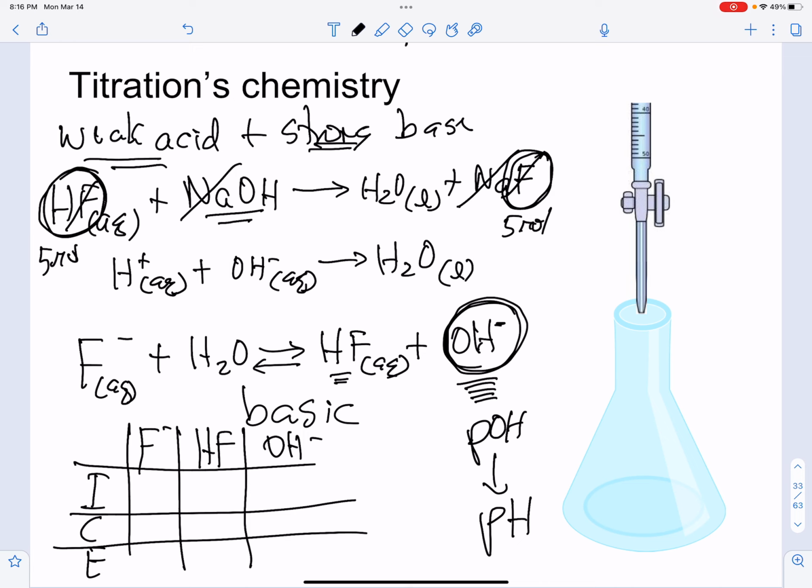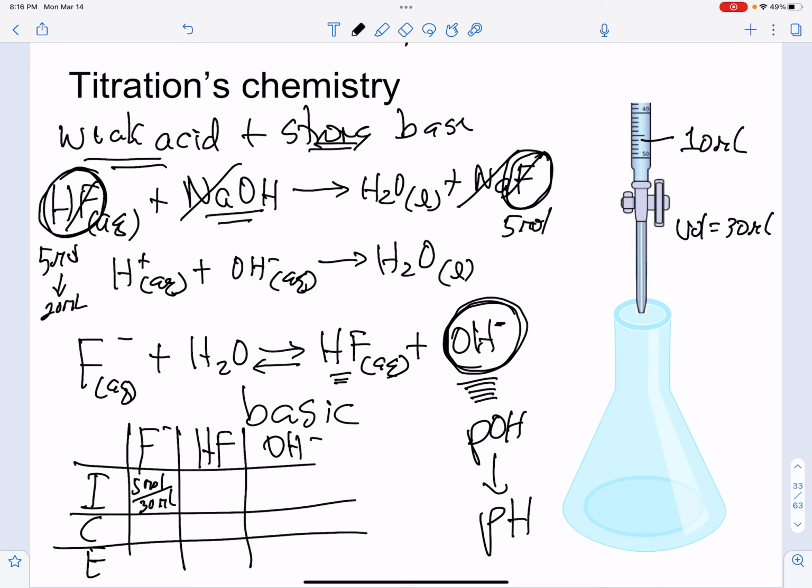However, if you started with 20 milliliters of this and you added 10 milliliters of this, now your volume equals 30 milliliters. So the concentration of fluoride is going to be 5 moles divided by 30 milliliters, and you can change it to liters, right?